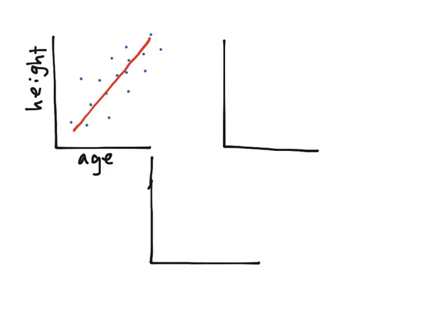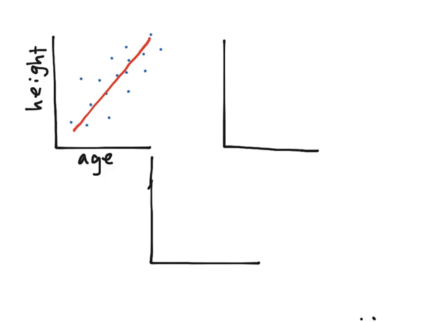Now, what might show a negative correlation? Perhaps, let's see, what goes down when something else goes up? Maybe the number of miles you drive in a car versus the amount of gallons of gas left in a tank.